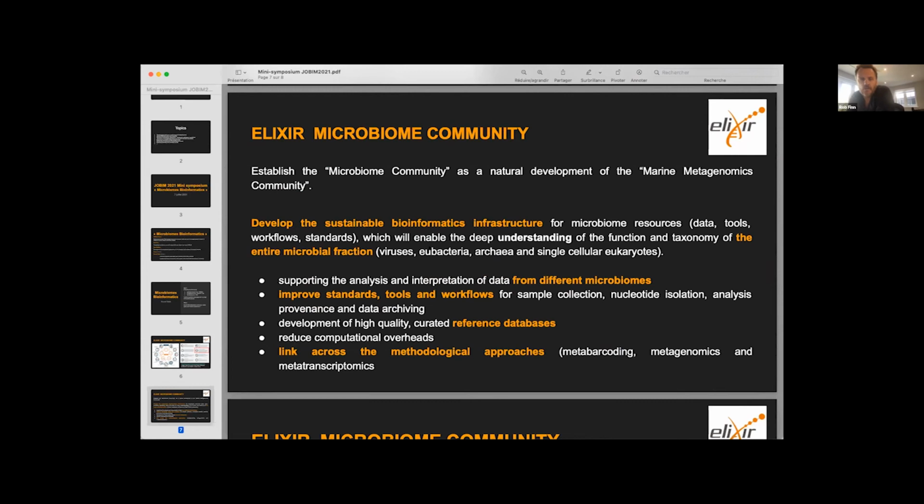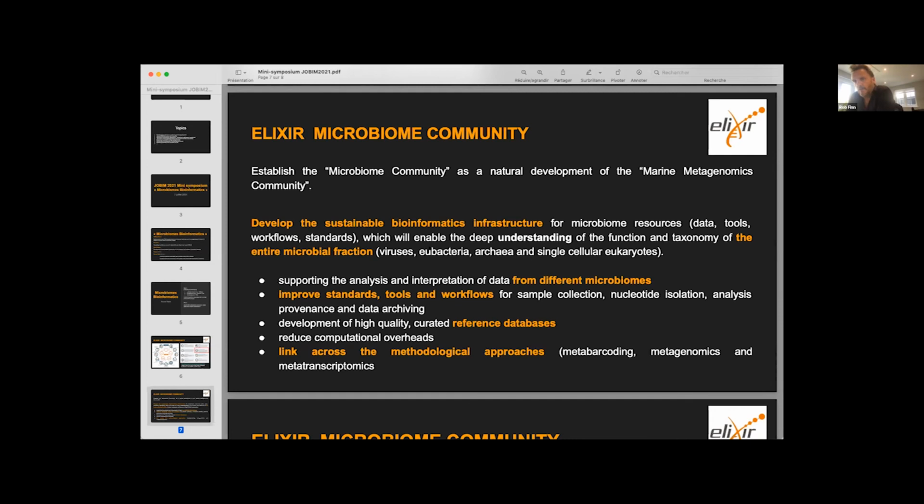Yeah, so there are lots of reasons for the diversification from a marine specific community to a more general community. I'll just give some overview thoughts on why that's come about. The first is that many of the approaches and many of the issues are common regardless of the biome of interest.